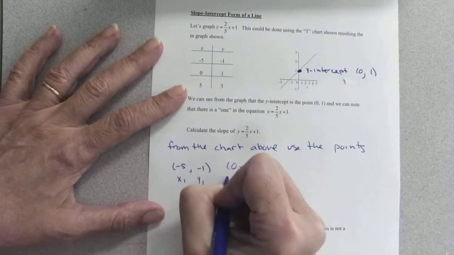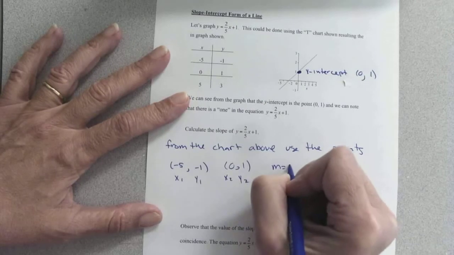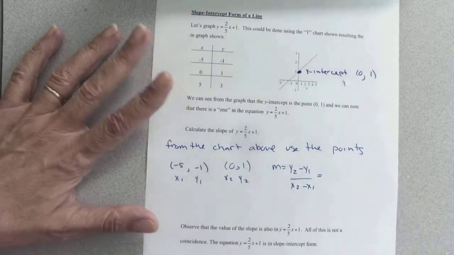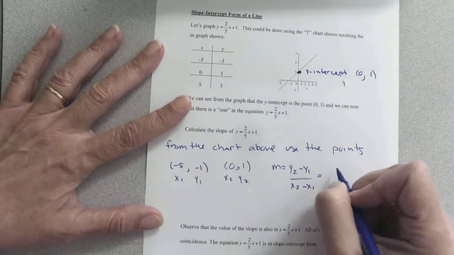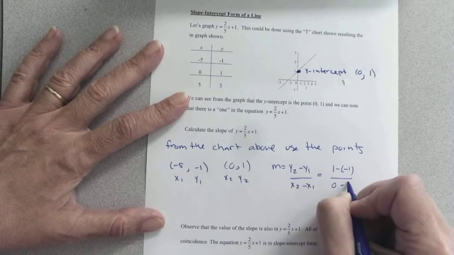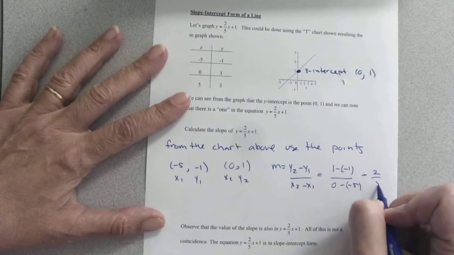So there's x1, y1, x2, y2. And so my slope, using my formula for slope one more time, which you absolutely need to memorize, would be 1 minus -1 over 0 minus -5. Yep, that's right. That's 2/5.